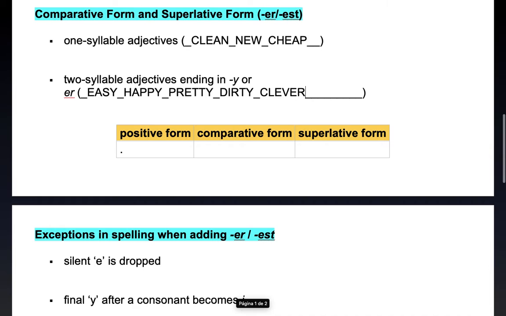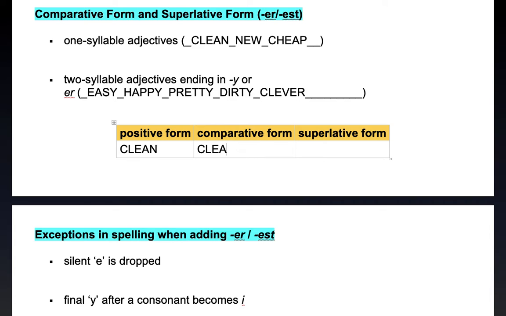Okay, so right here I have this table. Tengo esta tabla, este cuadro. Right here we have the positive form, comparative form, and superlative form. For example, clean, limpio. For example, Manzanares es más limpio que Pennsylvania.